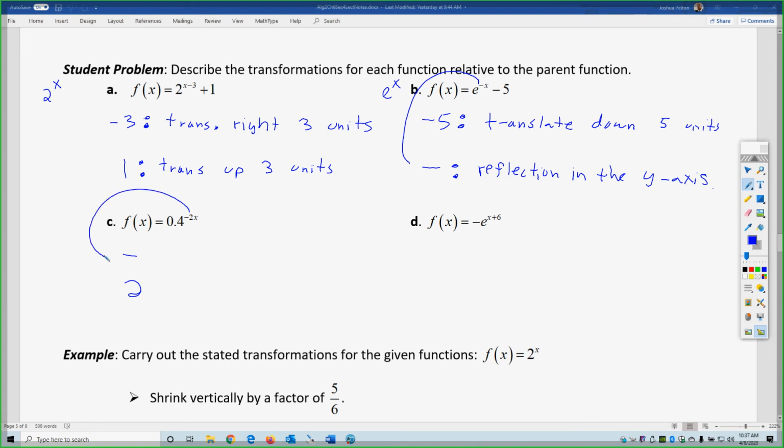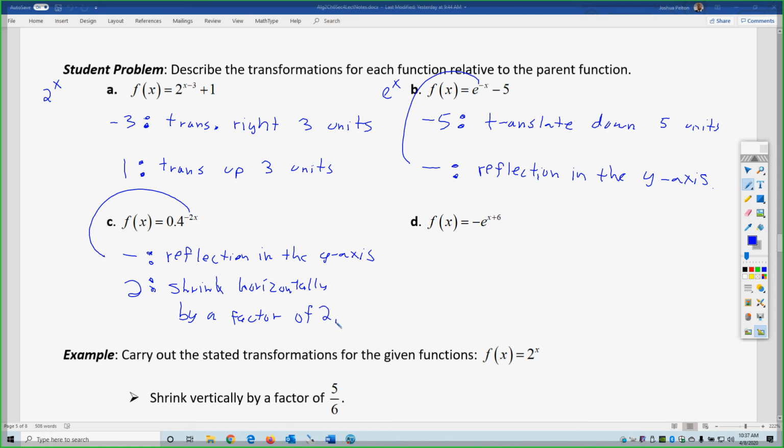Again, the negative is on the inside, so it's a reflection in the y-axis. And the 2 is on the inside, but it's multiplying by 2, so it's counterintuitive. So it shrinks. It's on the inside, affects x, so it shrinks horizontally by a factor of 2.